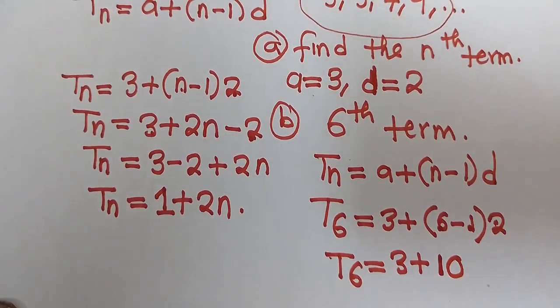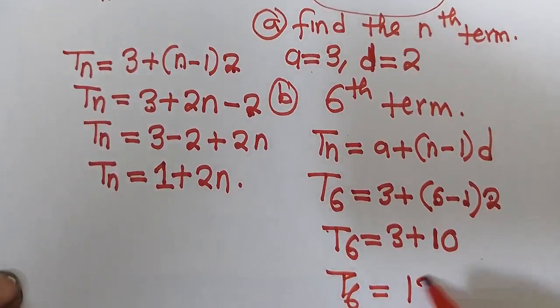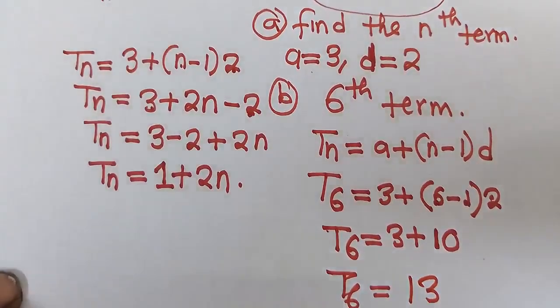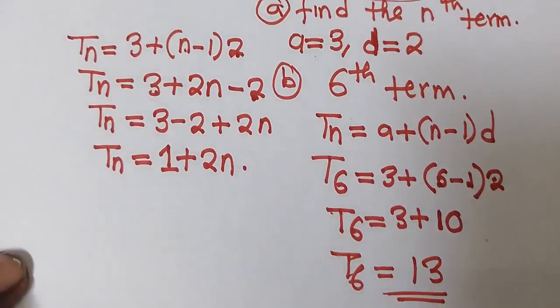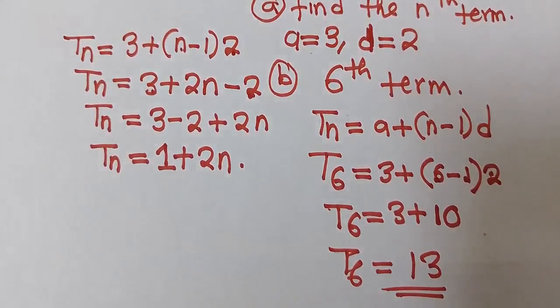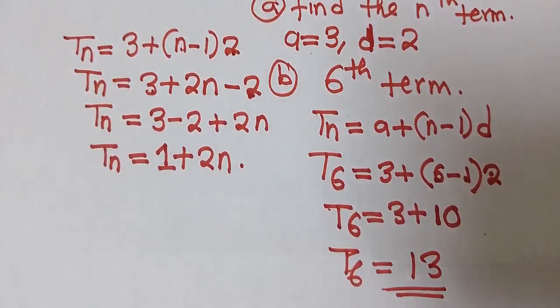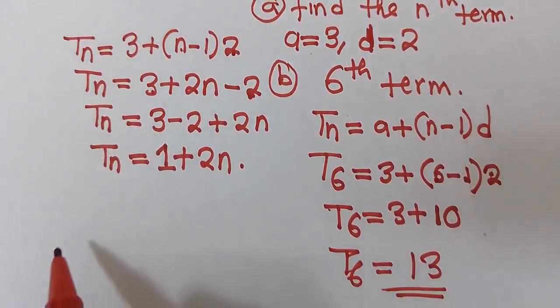Then you say the 6th term is equal to, when you add there, 13. So the 6th term is 13. That's how you need to answer and work out that part. These are things that I want you to understand.